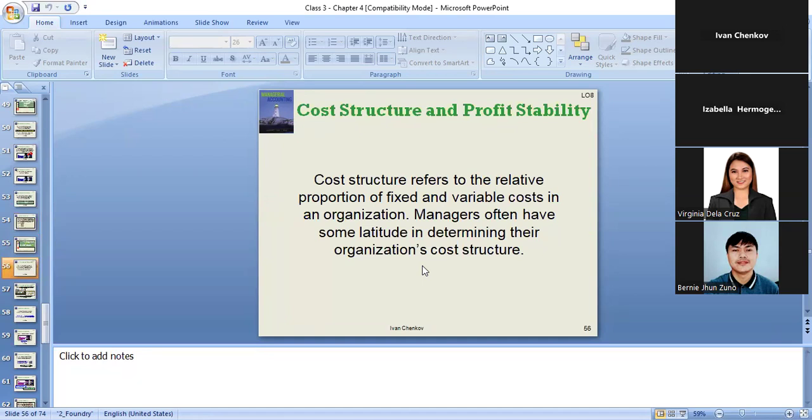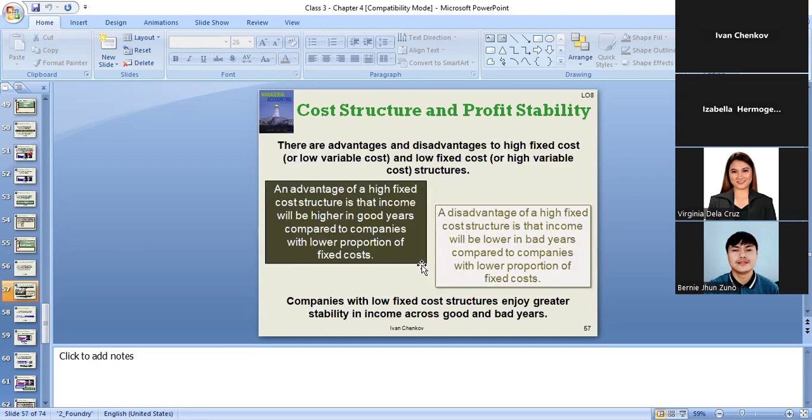Now the cost structure of the company was the last one, where we get the leverage. The cost structure is how the company relies on the variable cost versus the fixed cost. Some companies are heavily exposed to variable cost, and some are very heavily exposed to fixed cost. Because of that, they have a different cost structure.